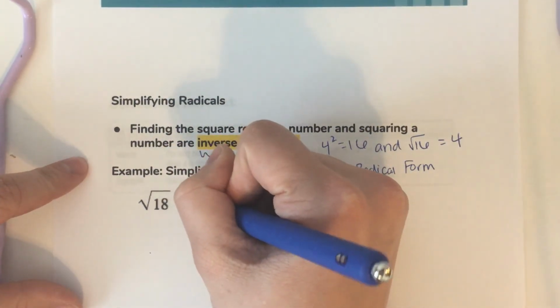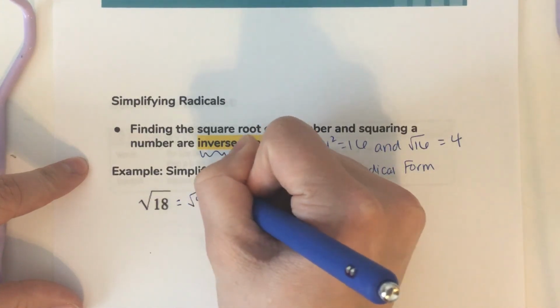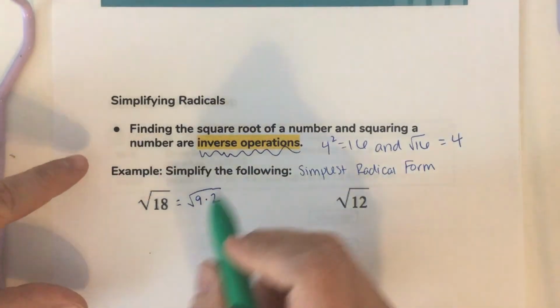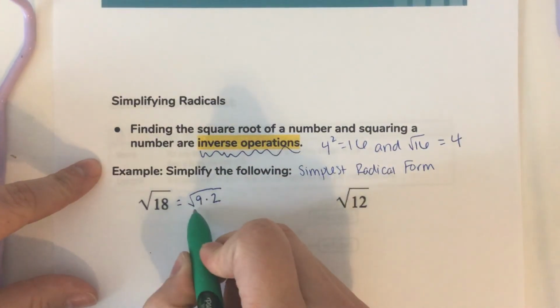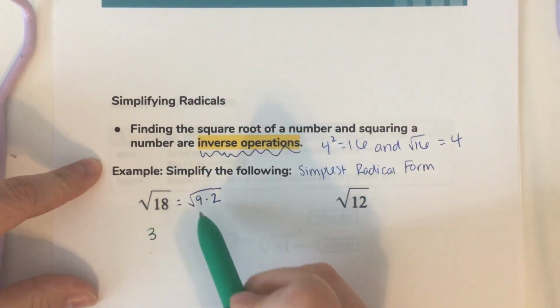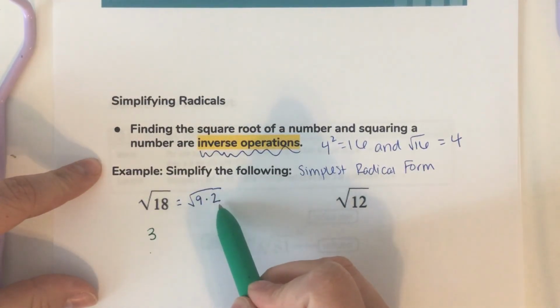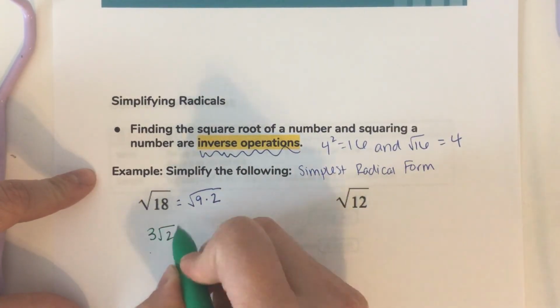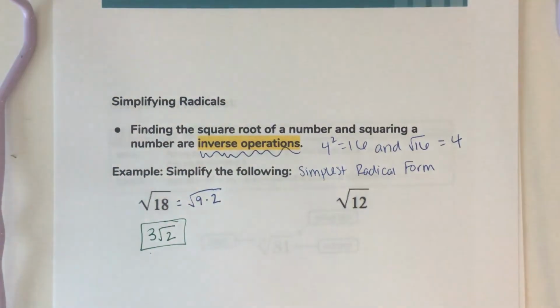So we know that 18 is 9 times 2. Thinking of square roots here, the square root of 9 is going to be 3. And then the square root of 2 is not a nice number. It's an irrational number, so we're just going to leave that in the square root. And that would be simplest radical form for the square root of 18.